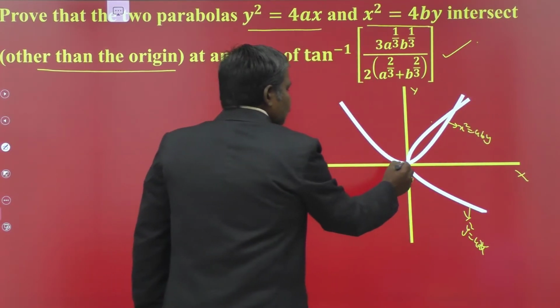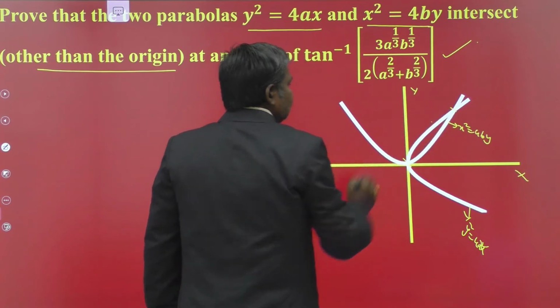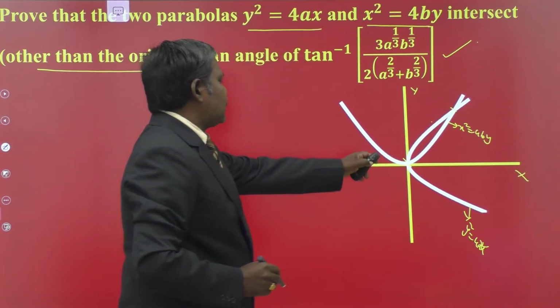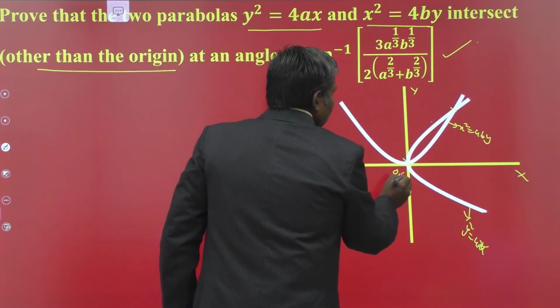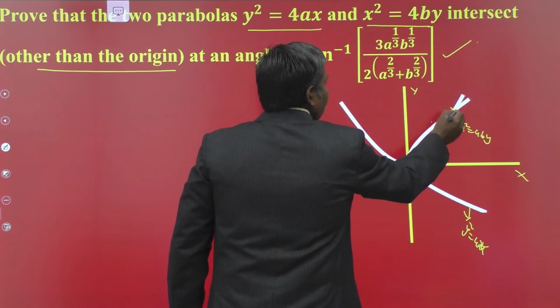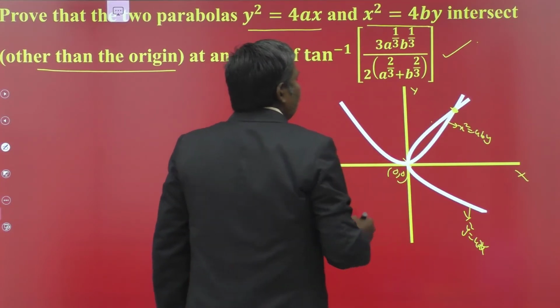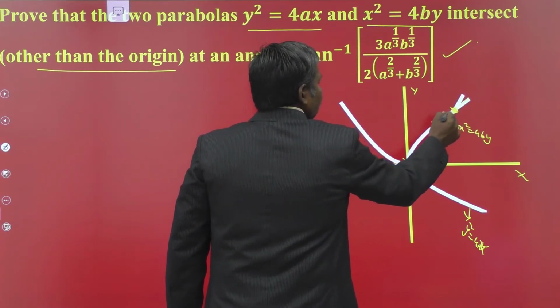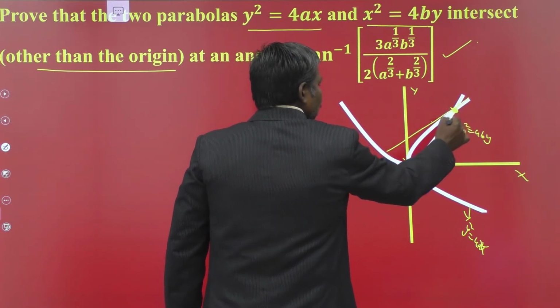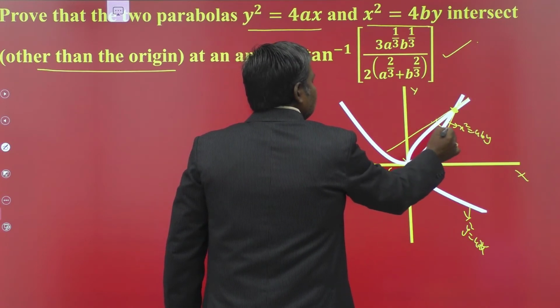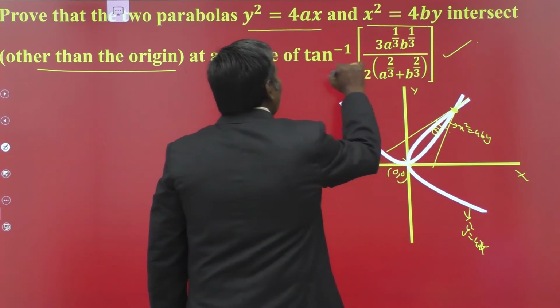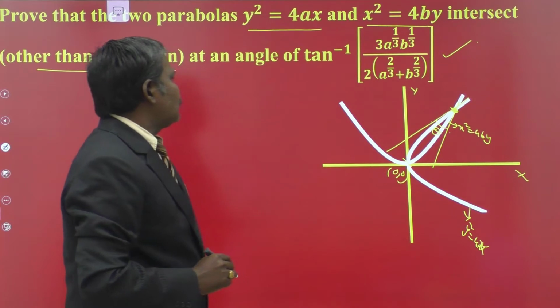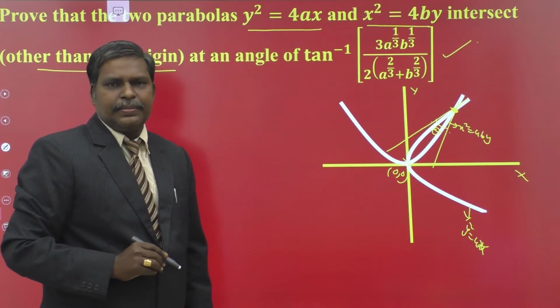These two curves intersect at these points, except the origin. This is my origin. Leave this origin, you get another point of intersection. You have to find the angle between the curves at this point. That means you have to draw the two tangents to the two curves at that point of intersection. If it is theta, we have to show that theta is equal to tan inverse of that much.